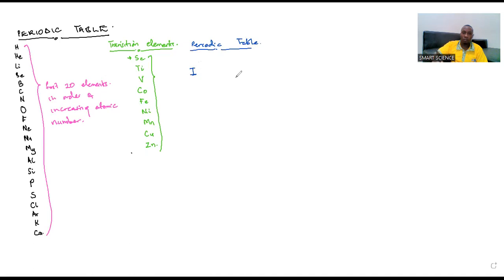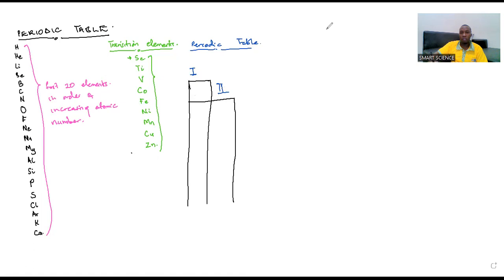If I try to draw the table clearly, group 1 has only elements which have only one electron in their outermost shell. Group 2, like we agreed in the previous episode, will have elements which have 2 electrons in their outermost shell.